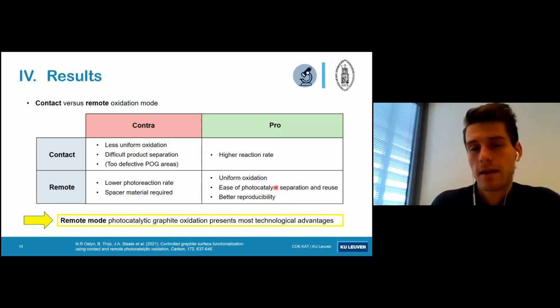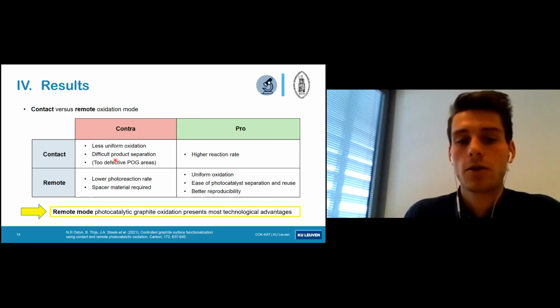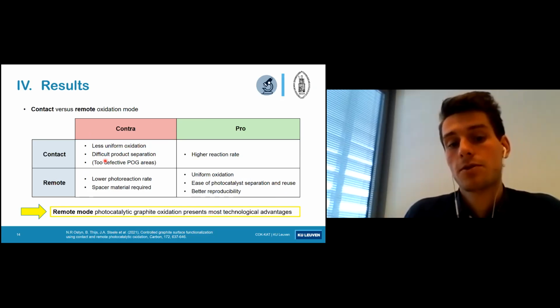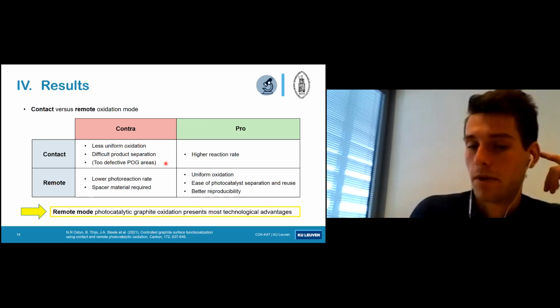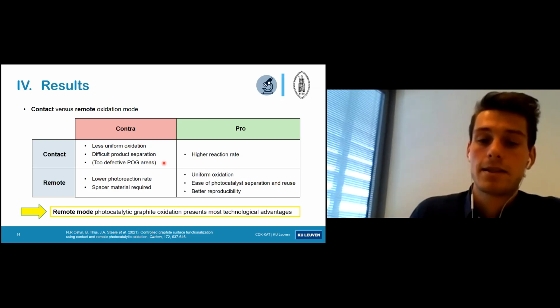Then in this table, you can see the advantages and the drawbacks, the contrast of contact oxidation versus remote oxidation. Contact oxidation often creates a less uniform oxidation and of course also creates a difficult product separation between our POG and our photocatalyst layer.